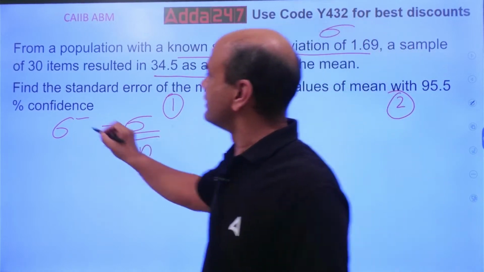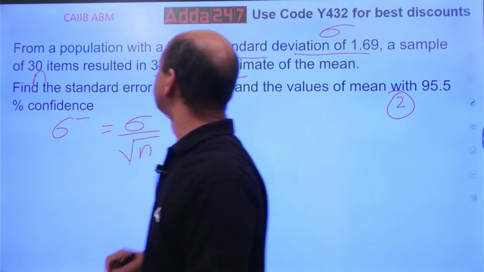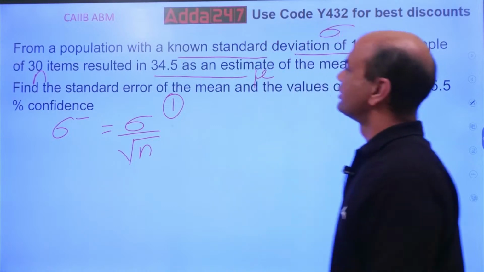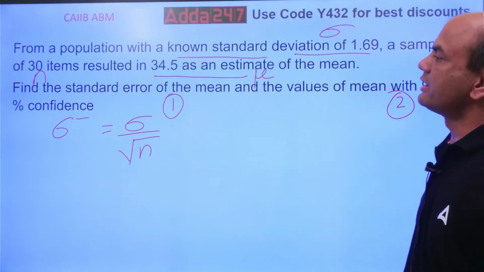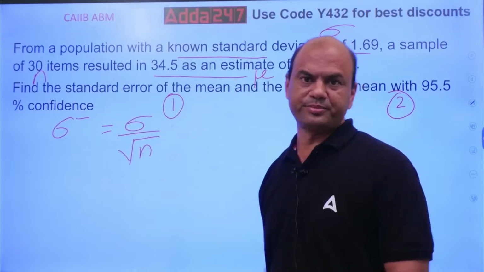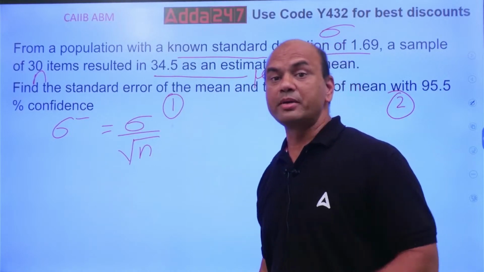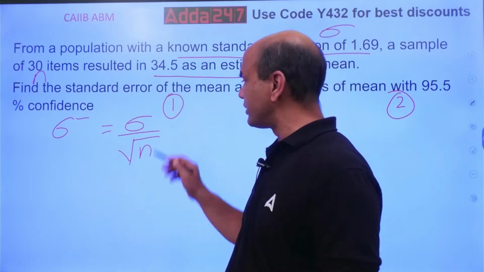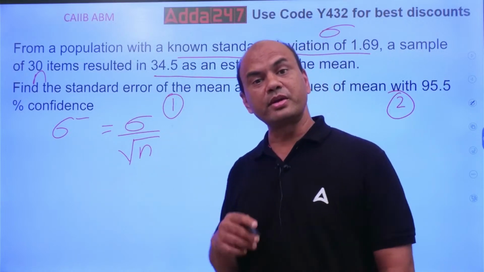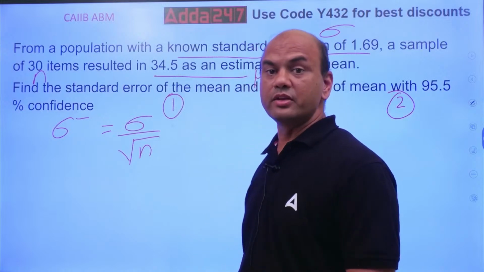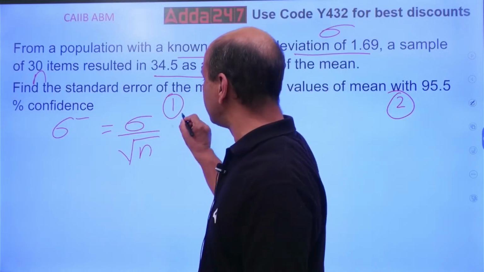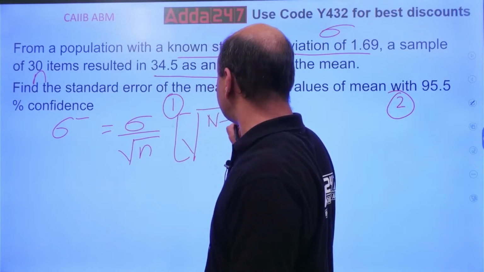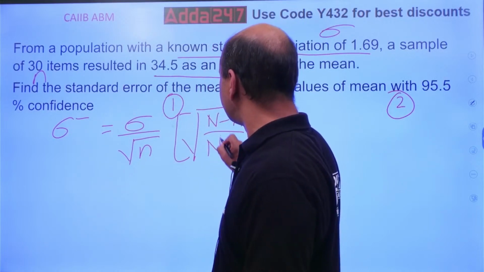See, 30 is n, the sample. And this is the mean, mu. So sigma, n and mu. Here, capital N, the population, is not given. If this would have been given, then it would have become a finite population, and the formula would have been sigma upon root of n into root of (N minus n) upon (N minus 1).